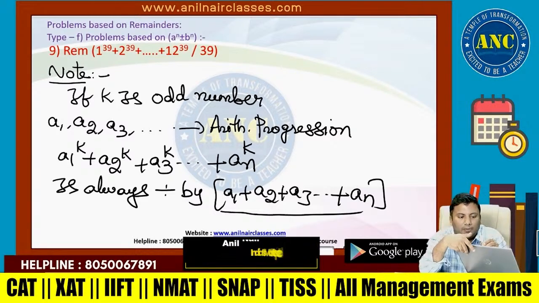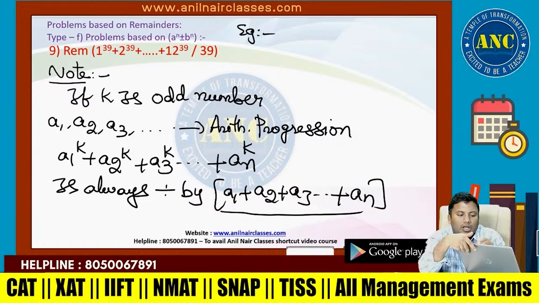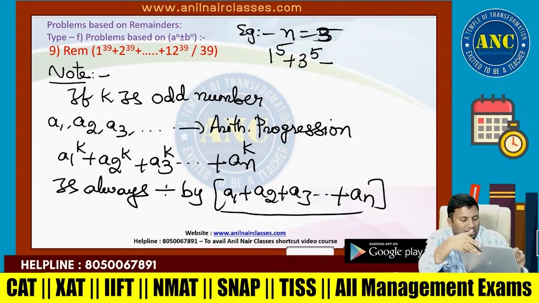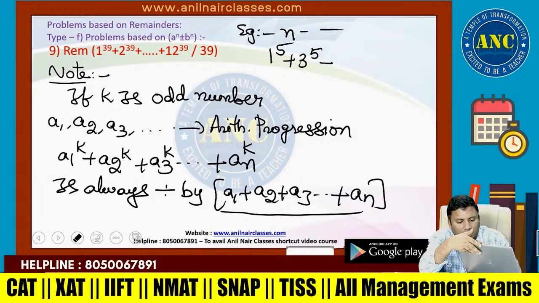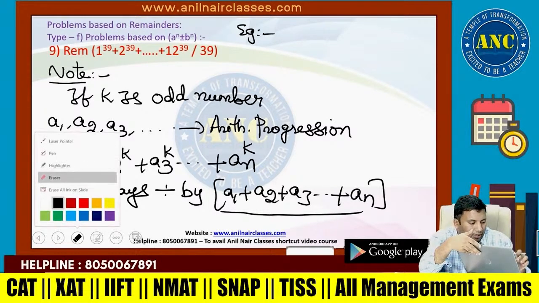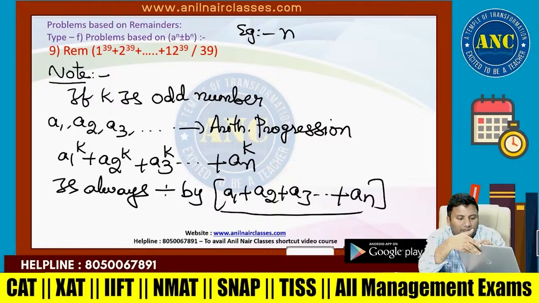One example. If n equivalent to 3, we will take a smaller value. 1 power 3 plus 3 power 3 plus 5 power 3.